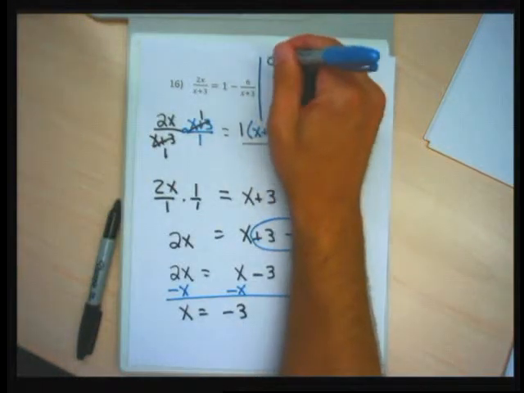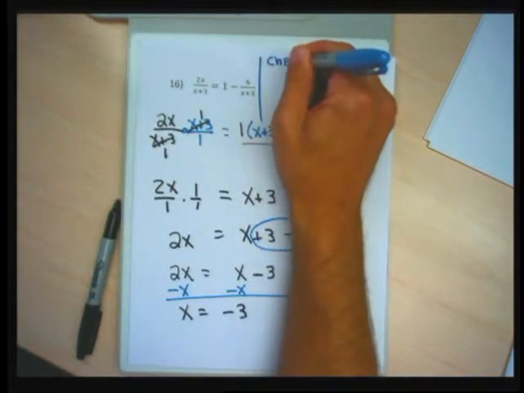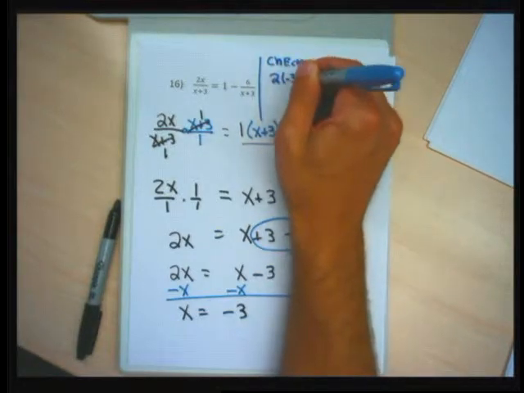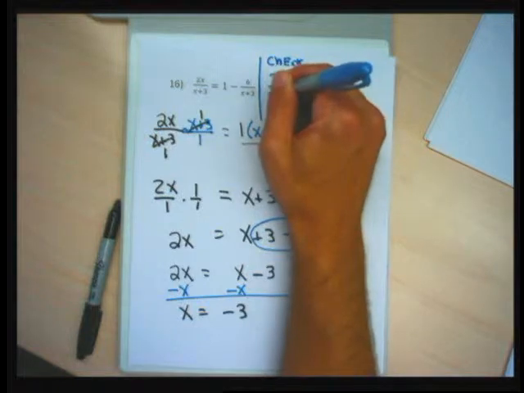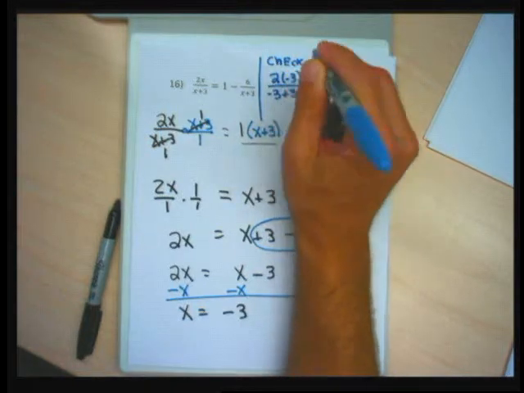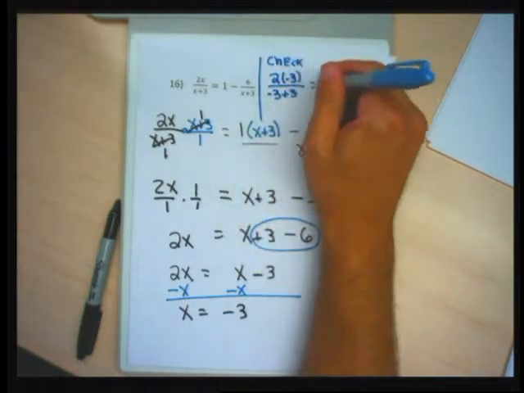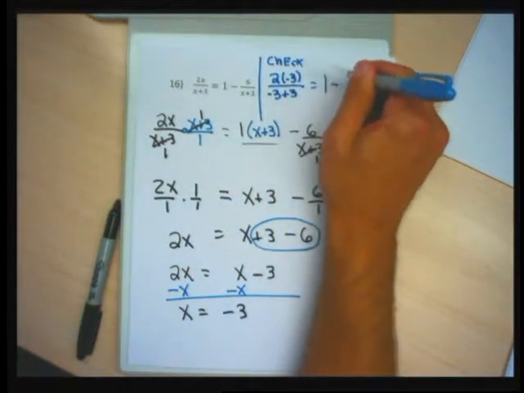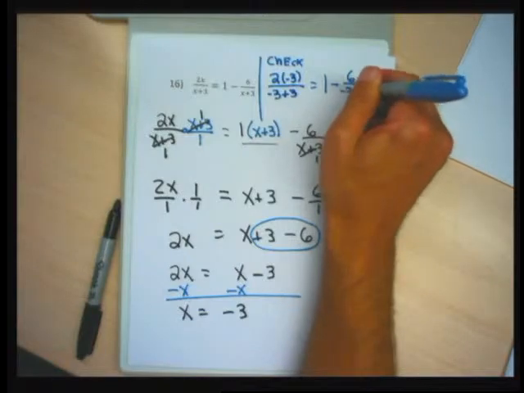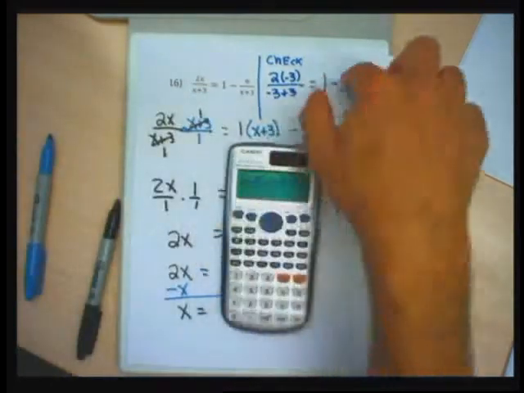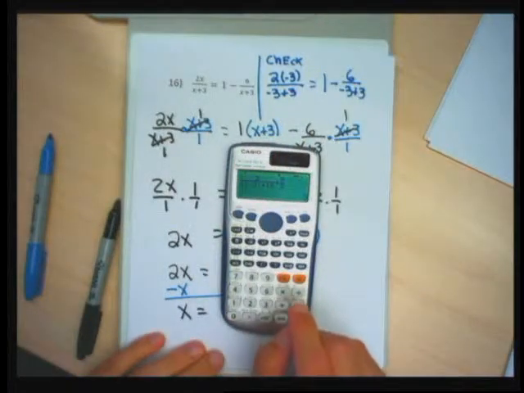If I try to check this, what tells me that I didn't make a math error but the solution doesn't check is that I'm going to get a 0 in my denominator, which is an undefined. And when you get an undefined, that's not checking.